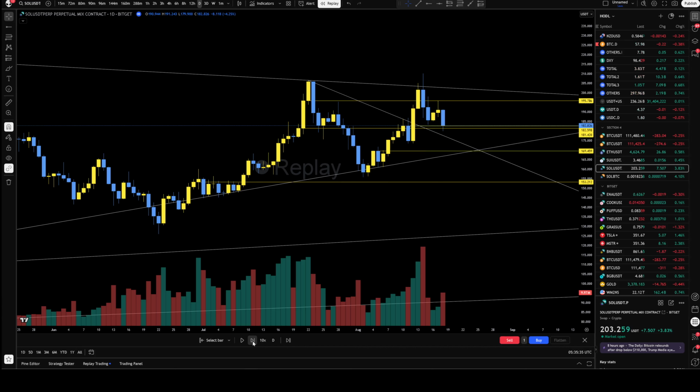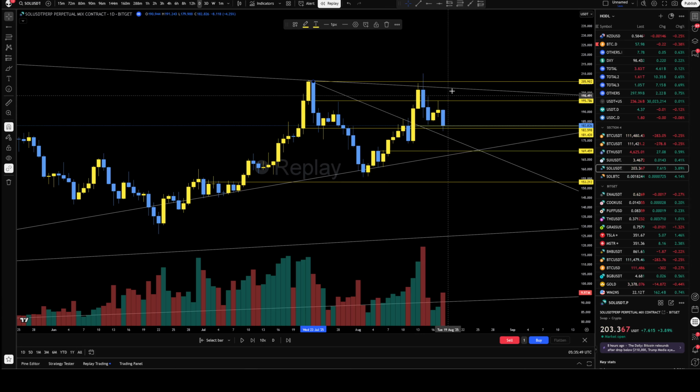Okay, so now we start building a long from here, and what we're going to do is target this level here. Okay, so this is an origin rejection level. We'll take TPs when we get to the trend, and if we dip further and this becomes a range, then we'll add to the position down on the trend, and we'll take TPs on the backside and the hold candles if it goes that way.